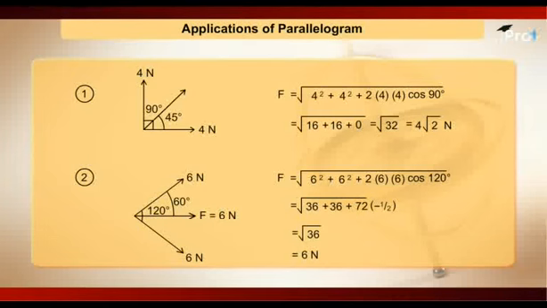Now let us see one more example. You already know that when two forces or two vectors are added, the maximum and minimum values of the resultant are P plus Q and P minus Q. In a very similar way, suppose two forces of magnitude 4 Newton and 6 Newton are acting on a body, then find the maximum and minimum value of the force.